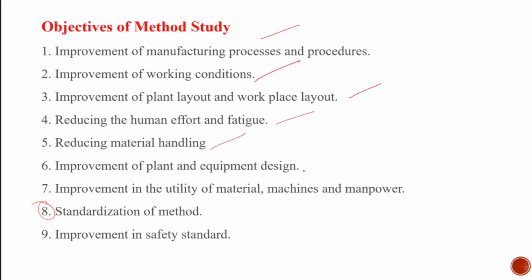Improvement of plant and equipment design, improvement in the utility of material, machines, and manpower, then standardization of method and improvement in the safety standard. So these are the objectives that we are expected if any organization is applying the method study.